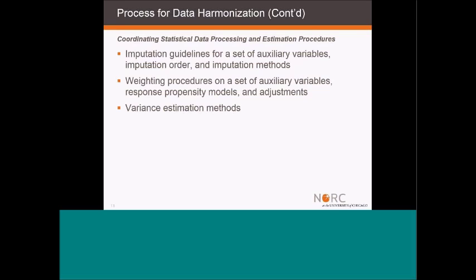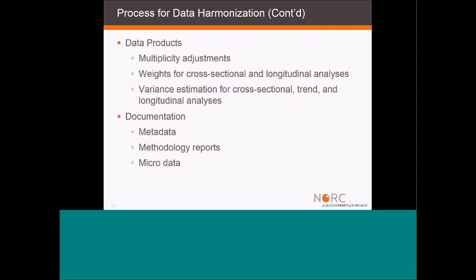In turn, it provides some guidance to survey contractors to create a replicate weight in a way that later those replicates can be combined as a part of that integrated data system. So, a lot of coordination, guidance, and standardization.